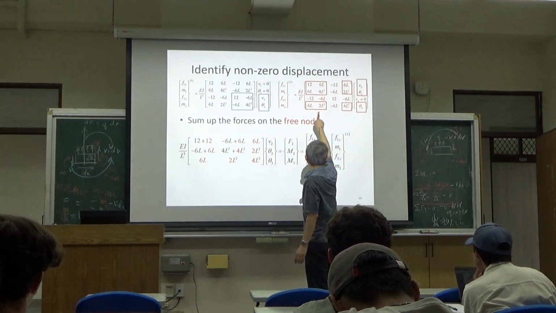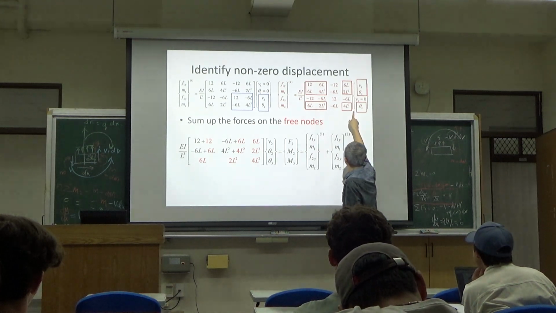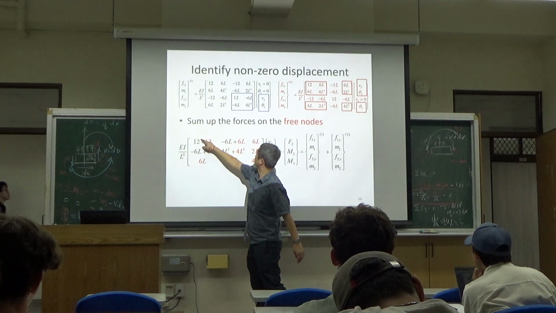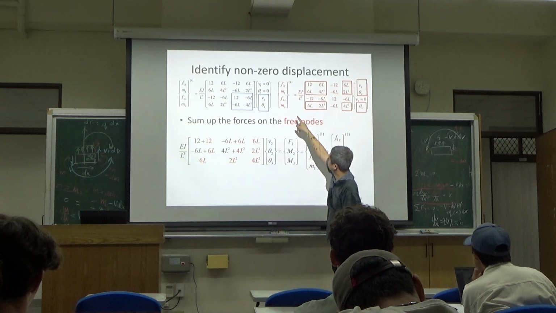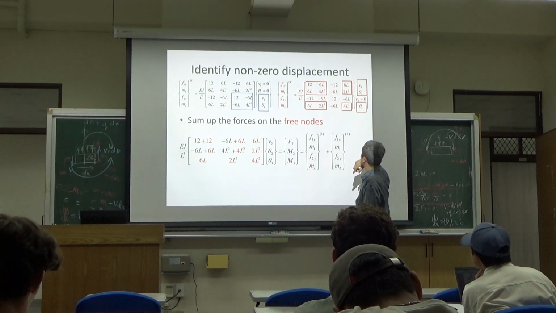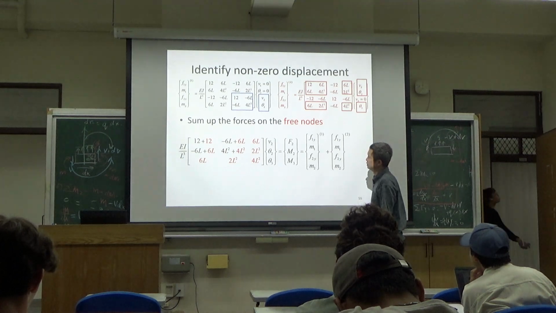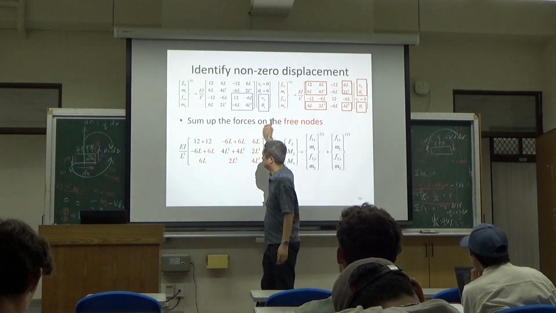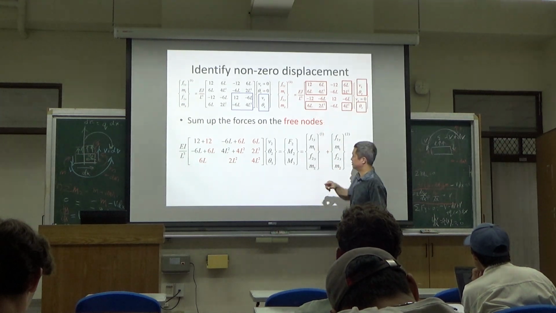Only this corner, you have the force contribution from element 1, and then you see the one in black color. These are the contribution to the force in the second element.